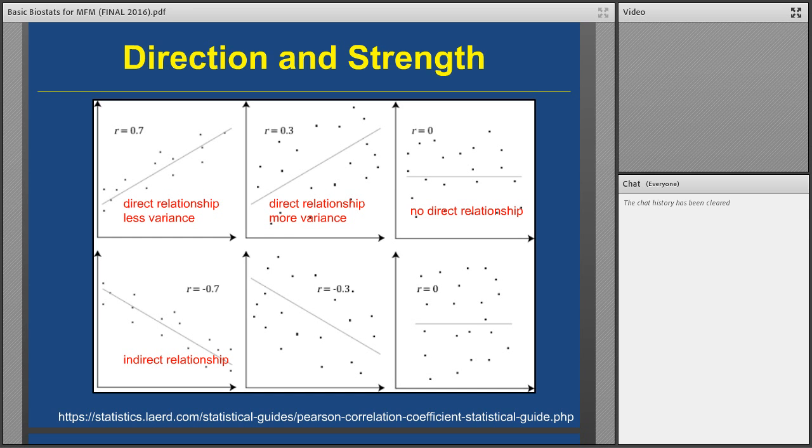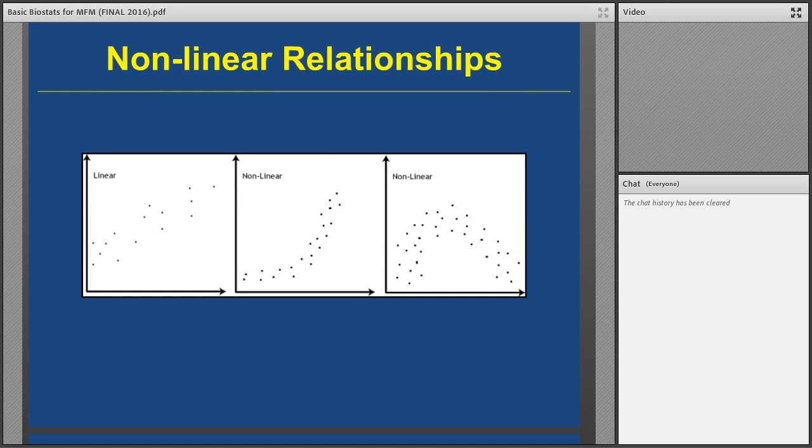So this helps explain what the correlation coefficient means. And again, this is correlation and association. This is not implying causality. This is just things change together over a direction.